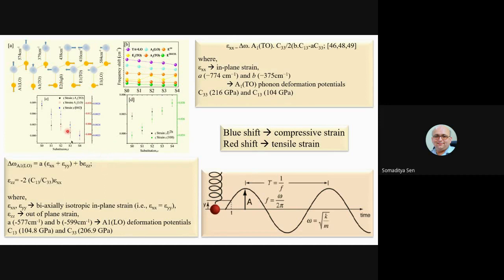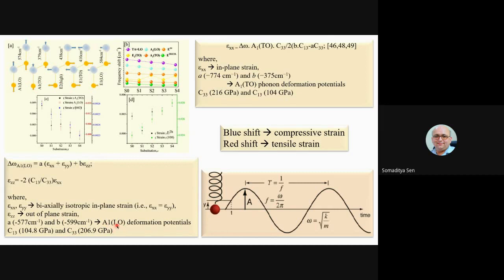Now, if there is not much change in the mass, then it must be due to the strengthening or weakening of the bond. From this analysis, there is also a strain calculation from this type of data, and we can find out the strain that is available in different phonon modes.